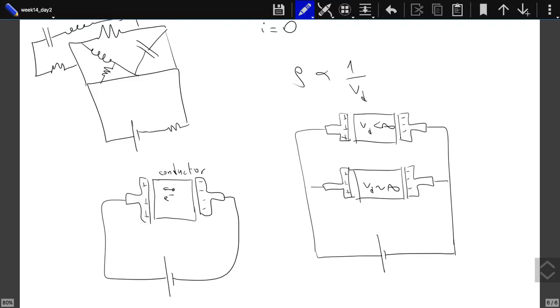Let's assume we close the switch. So there will be some electrons moving around.